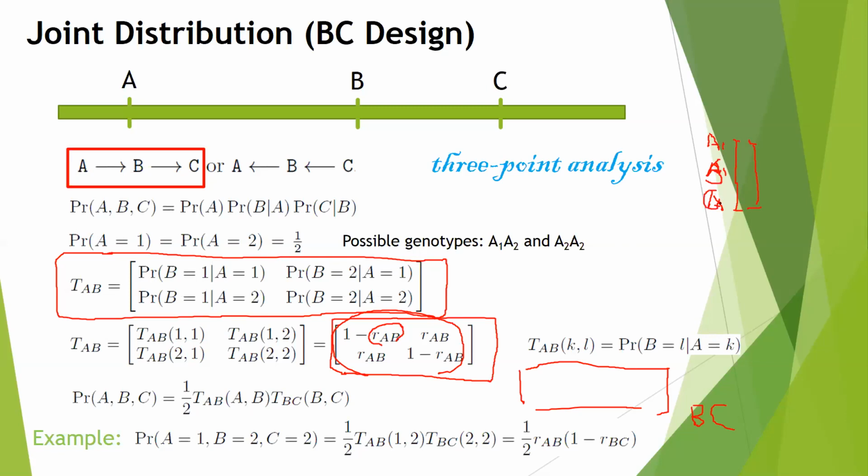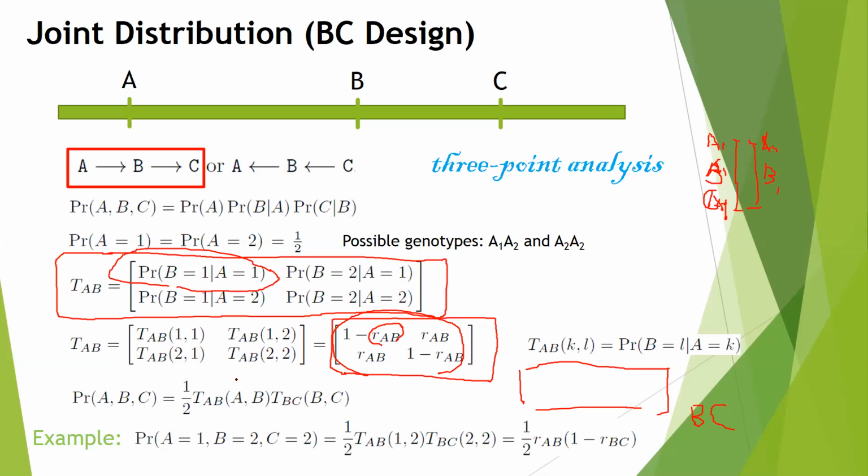Would it be wrong to answer with the transition matrix AB equating to the probability of B equal to 1 given A equal to 1? What if we use that matrix instead as our answer? Would we be incorrect, yes or no? Oh, okay.